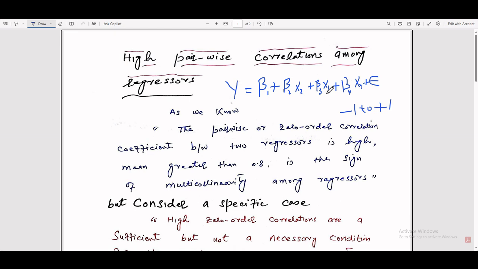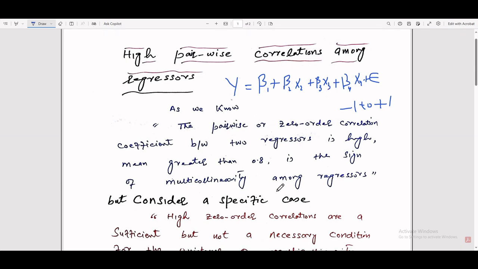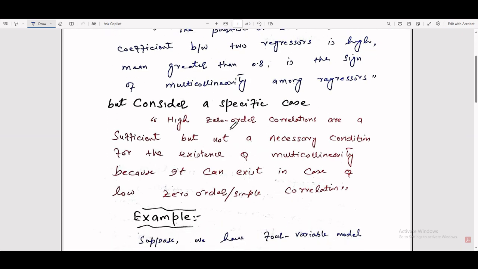So we discuss here a specific example: high zero order correlation is sufficient, but it is not a necessary condition for the existence of multicollinearity, because it can exist if your zero order or simple correlation is very low.